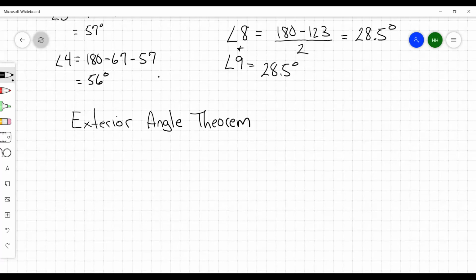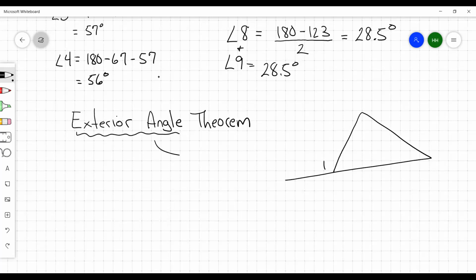In this diagram here, angle 1 is called an exterior angle. Exterior angle. There it is, right there. It's an angle formed by the extension of one side of a triangle.